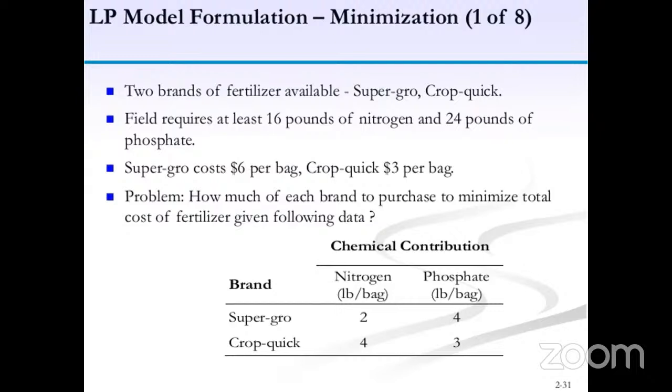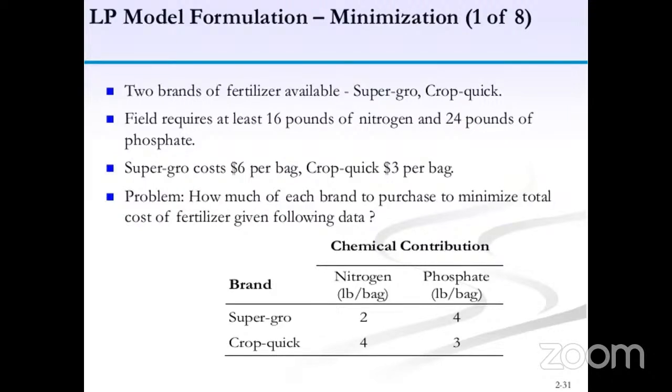Super Grow cost is 6 rupees per bag. Crop Quick cost is 3 rupees per bag. The problem is how much of each brand to purchase to minimize the total cost of fertilizer given the following data, where these two products, whichever we want to produce, must be produced by utilizing nitrogen as well as phosphate.